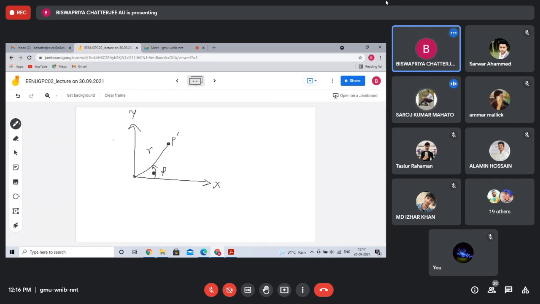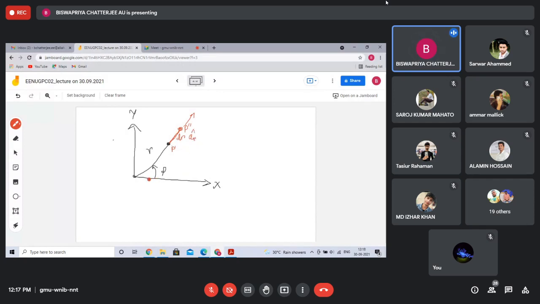Now if you choose a differential line element like this, with initial point P dash and incremented point P double dash, this red line is the differential line element along the r direction, so it is dr, directed along positive r, so dr ar cap.